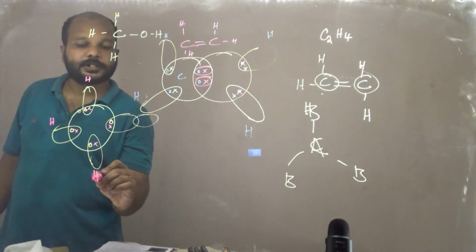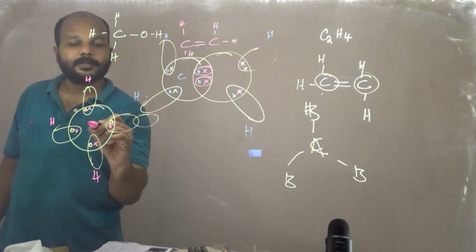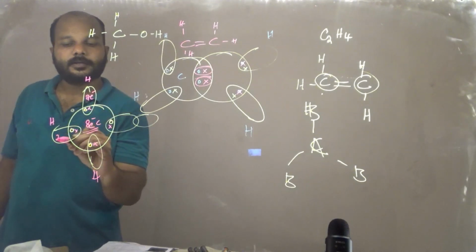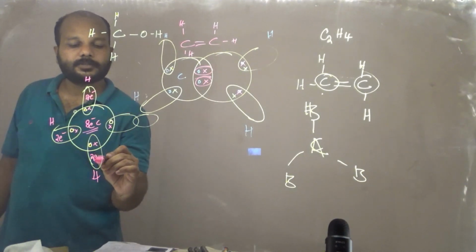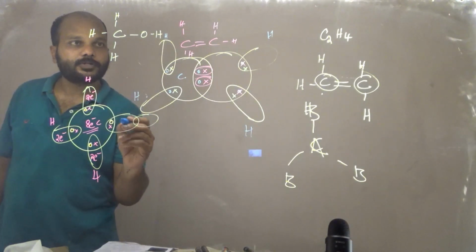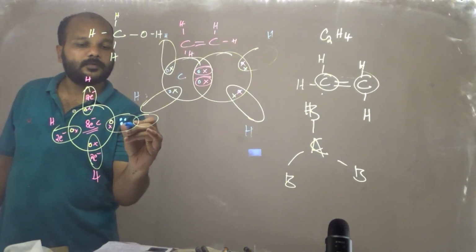Now you can understand, this carbon has 1, 2, 3, 4, 5, 6, 7, 8, so 8 electrons are with the carbon atom. 2 electrons are there with the hydrogen atoms. Now we will go into the oxygen, which has 1, 2, 3, 4, 5, 6.